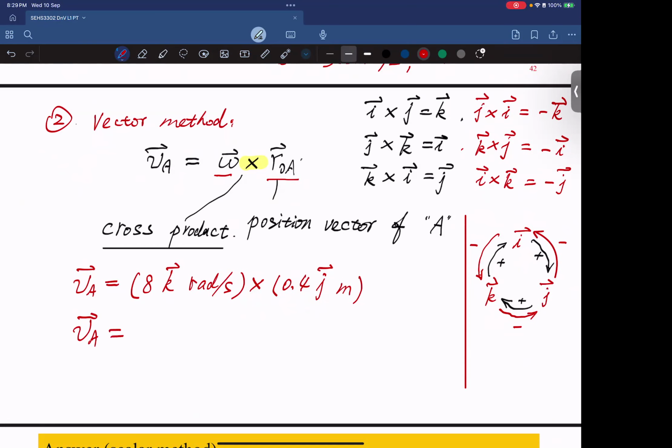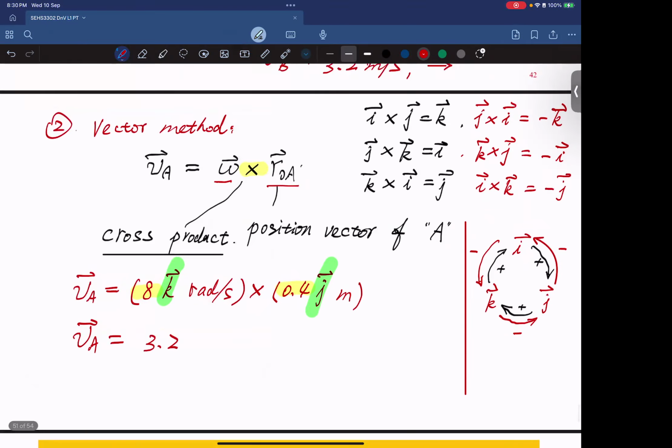So how to calculate? We can highlight the numbers first: 8 and 0.4, and the product is 3.2. Then we calculate the cross product, highlighted in red and green: k and j. k cross j, and the unit is meter per second.